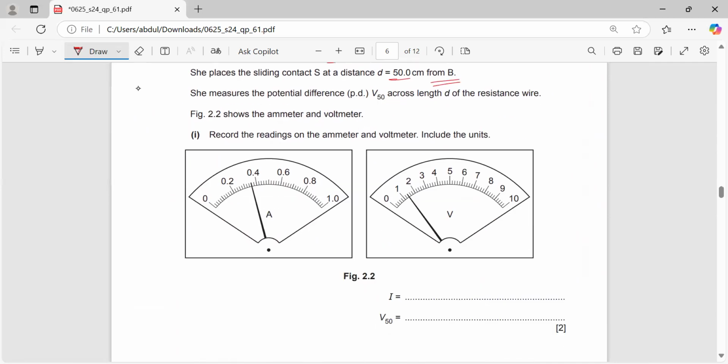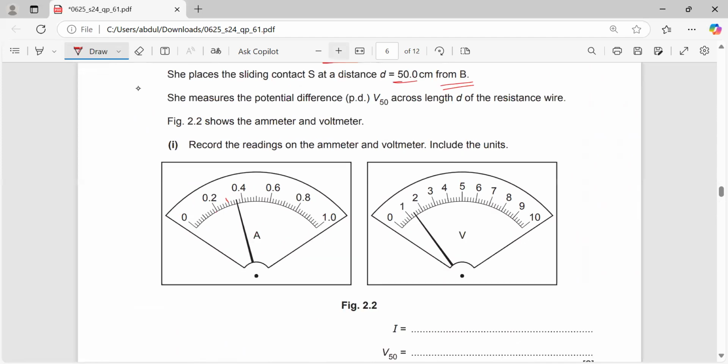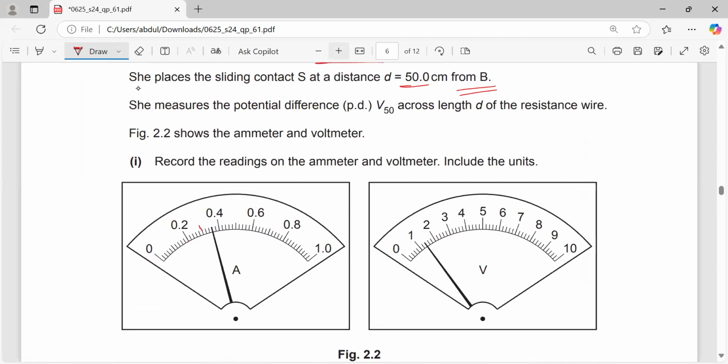Ammeter reading. Now you people are going to tell me what is the ammeter reading. This is 0.2, here this is 0.3. Please write the value of this ammeter reading.